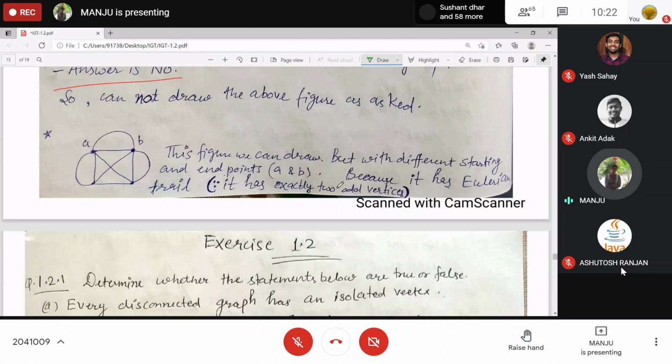Before that, any doubt? What did we discuss in this 1.2 lesson? No, ma'am, no doubt. We started with walk, path, and trail, circuit, cycle, right?